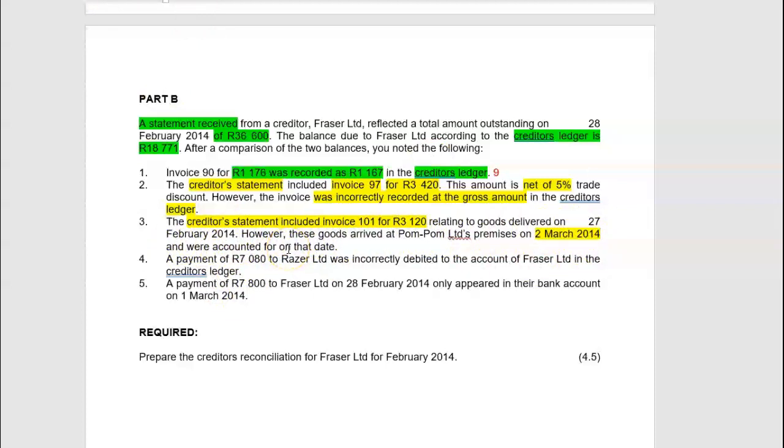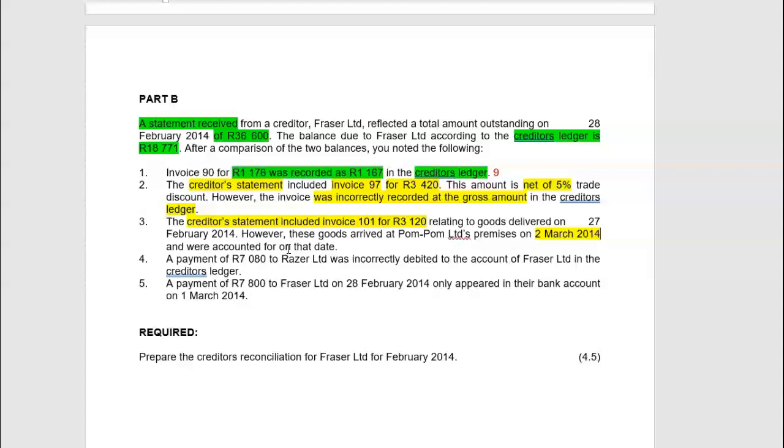Now, if I have a business and I bought goods from a supplier and I haven't received those goods at month end yet, am I going to recognize the obligation in my books for this amount of goods that I haven't received as yet? Obviously not. I'm not stupid.